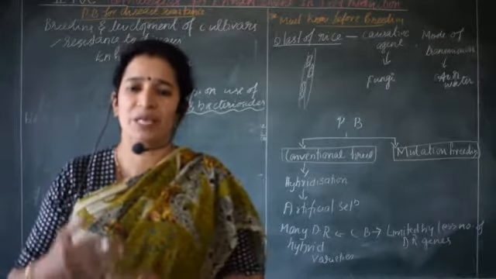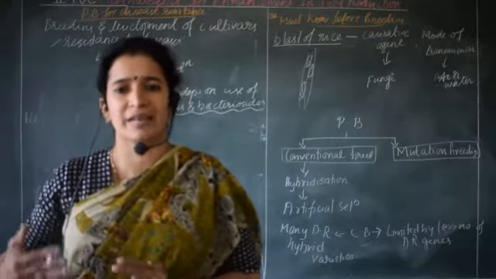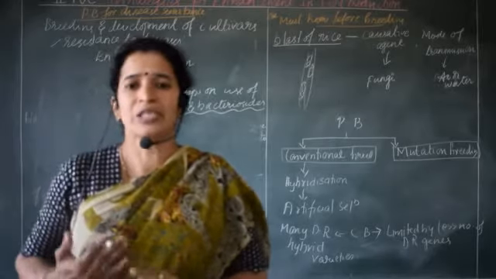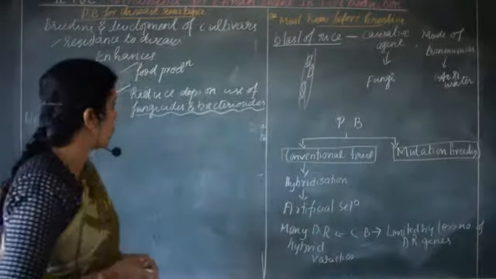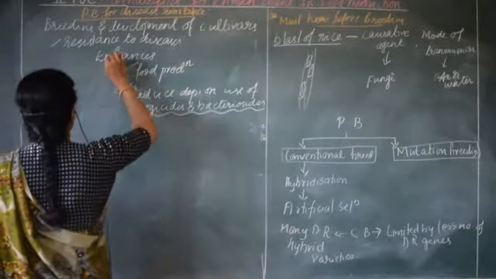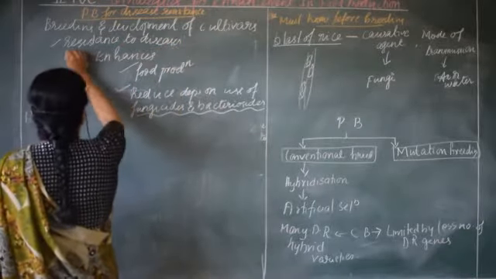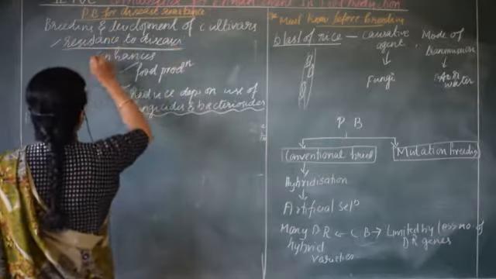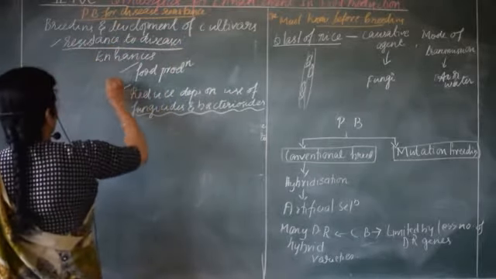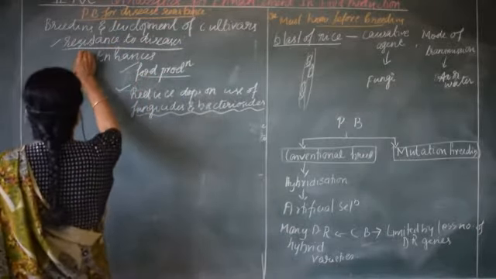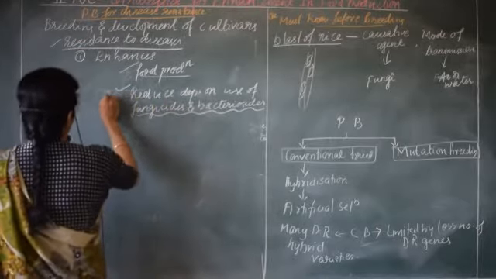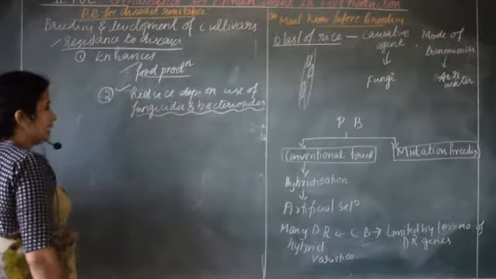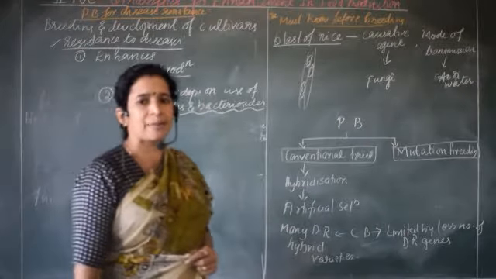Suppose those qualities are there by birth itself, genetically, then the use of chemicals can be reduced. So that is the advantage. By breeding and development of these cultivars, resistance to diseases will help us enhance food production, the main thing. Then it also reduces the dependence on fungicides and bactericides. This is the importance of developing plant varieties for disease resistance.